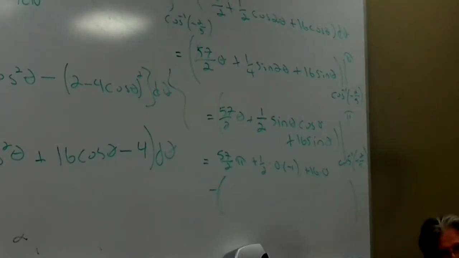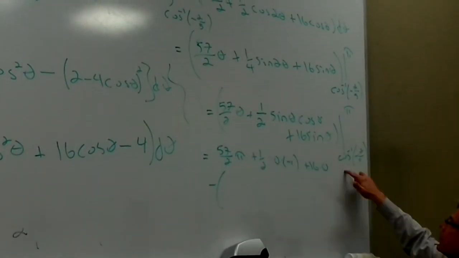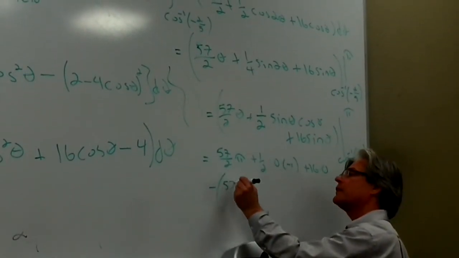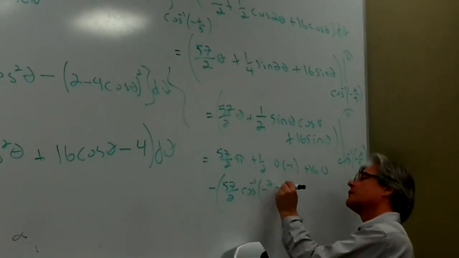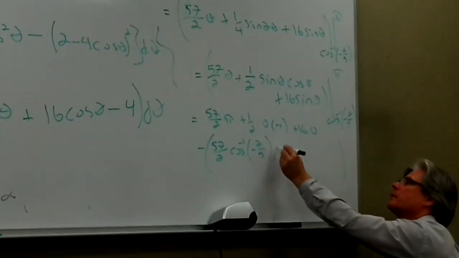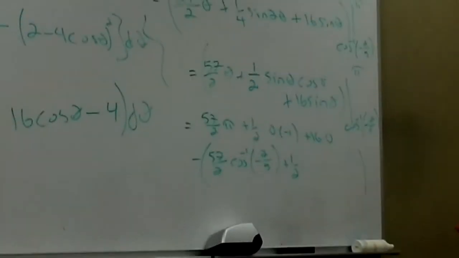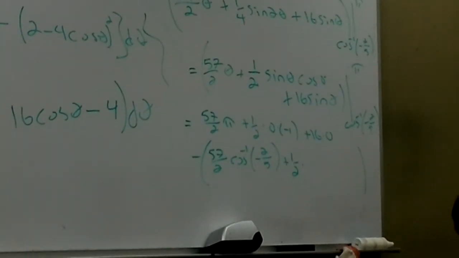Let's be a little careful. That gives me 57 halves times the inverse cosine of negative 2/5. My next term is 1/2 times the sine of the angle whose cosine is negative 2/5. Can you guys tell me what that is?